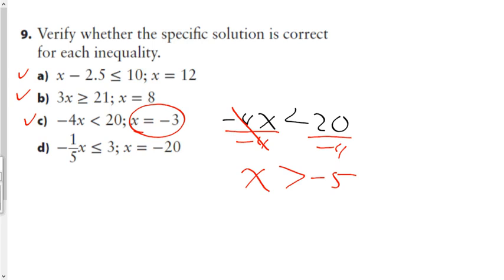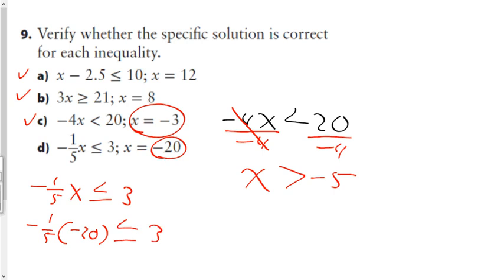And finally, the last one, negative 1/5 x is less than or equal to 3. This time I'm going to substitute my negative 20 in. I'm going to do it a different way. So negative 1/5 of negative 20 is less than or equal to 3. What's 1/5 of 20? Does anyone know off the top of their head? It is 4.